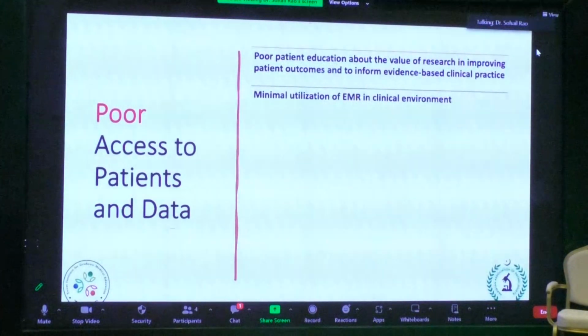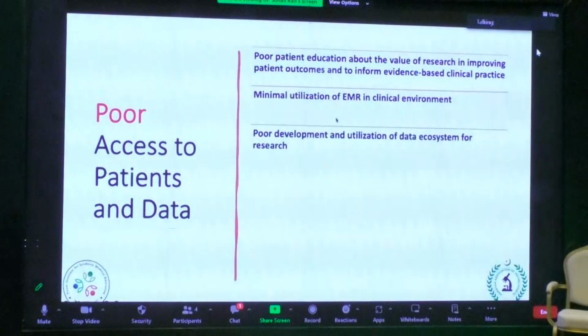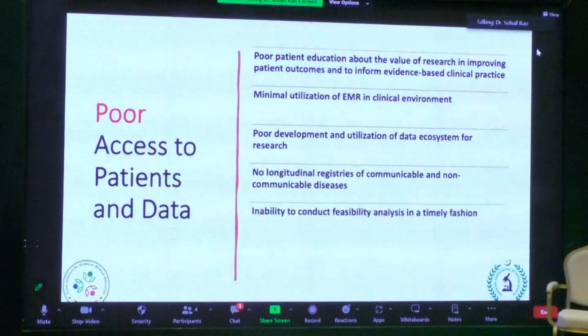We have poor development and utilization of the data ecosystem in Pakistan. There are no data warehouses, very poor interconnectivity between the various data systems that exist, and that also creates a serious limitation. There are no longitudinal registries of communicable and non-communicable diseases that we can go and tap into and do some feasibility studies.